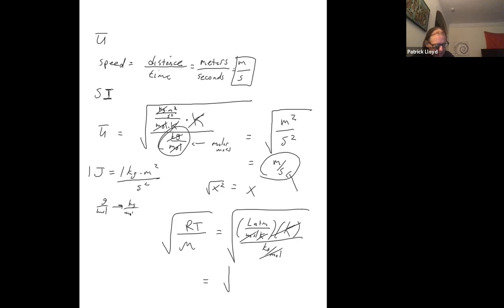Let me write it this way. You'd have the square root, which is written as a half, of liter atmospheres per kilogram. That would be your units of velocity, which in theory could be the units of velocity, but it looks kind of crazy. So for that reason, we use the 8.314 instead of the 0.082057 for R, joules per mole Kelvin.